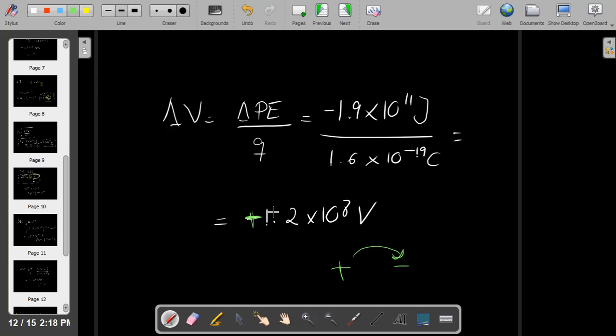So you can directly change it, or just think that because it's traveling from the positive to the negative, I have to change the sign. Whatever makes sense to you, okay? So we're going to use the positive version of our change in electrical potential.